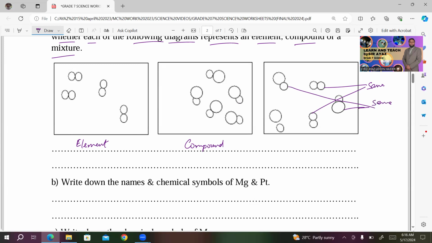So same, for example, it's an element. Second one same, it's a compound. So I will write C here. And we have atoms of different elements. So it means it's a mixture. So you write mixture here.